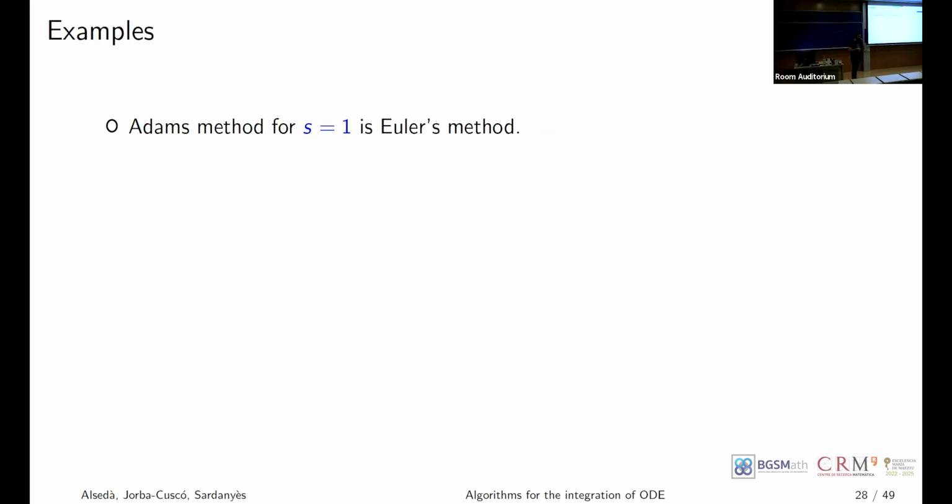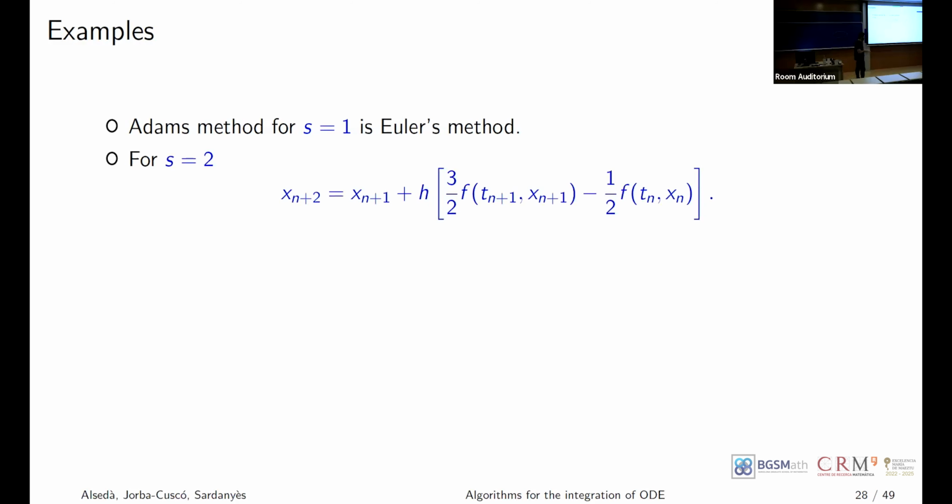So no one should be surprised at this point. The first Adams method is Euler. If you don't use previous information, which is one stage, you get the Euler method. And then this is for s equal to 2. And notice that this is kind of an Euler iteration with some weight.